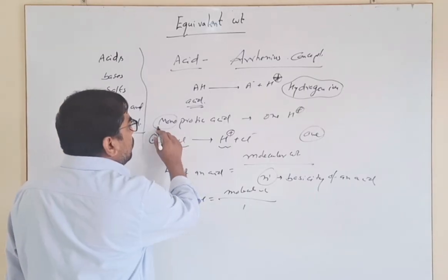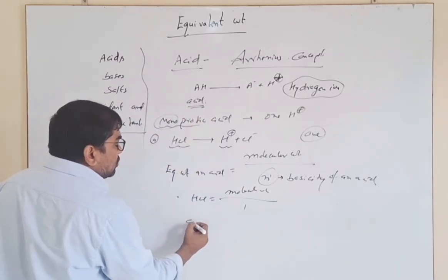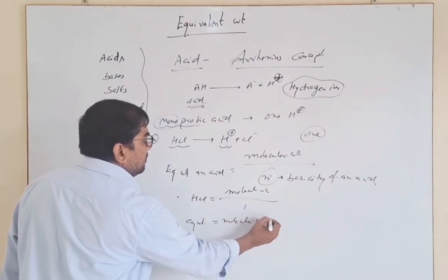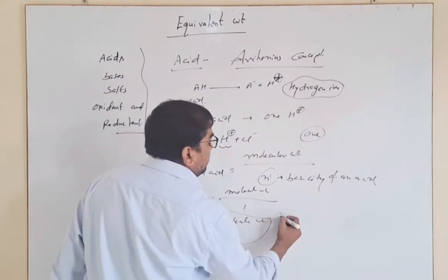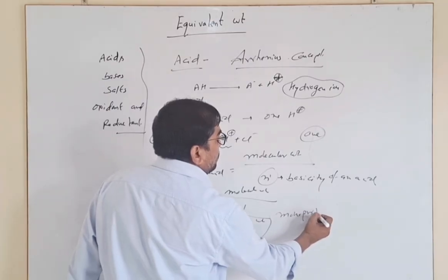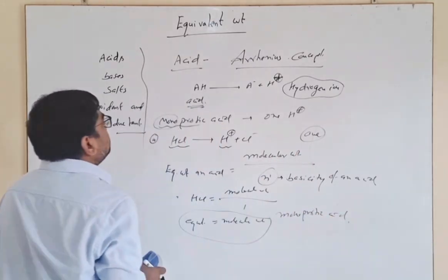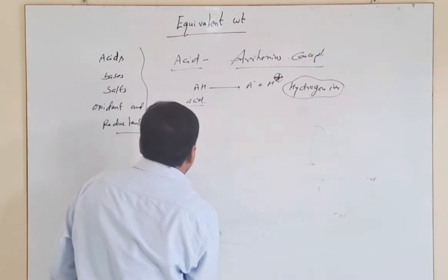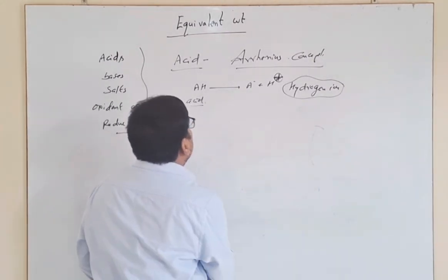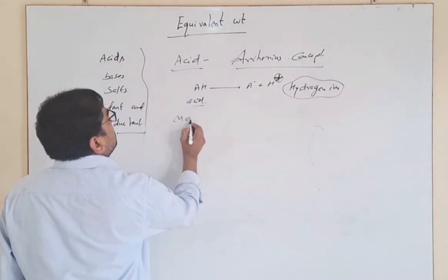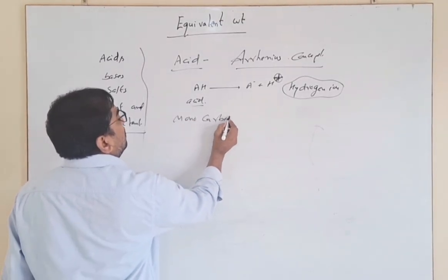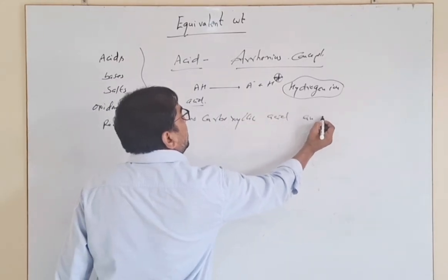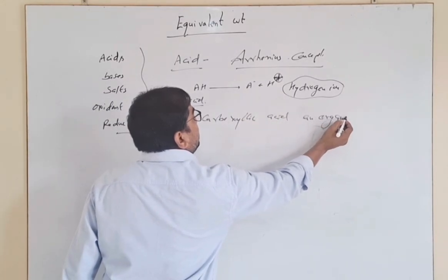That is, for monoprotic acids, equivalent weight will be equal to molecular weight, and this will be applicable for monoprotic acids like monocarboxylic acid. Monocarboxylic acid is a type of organic acid.